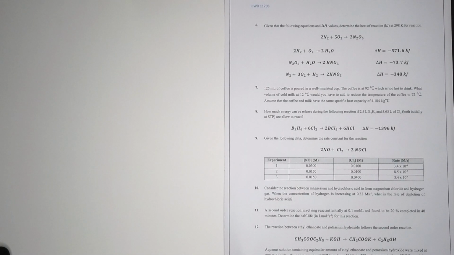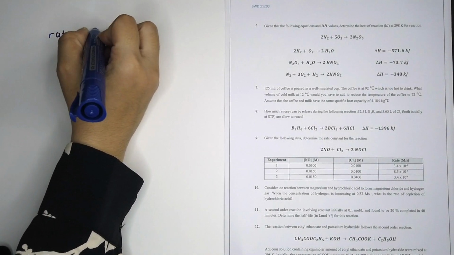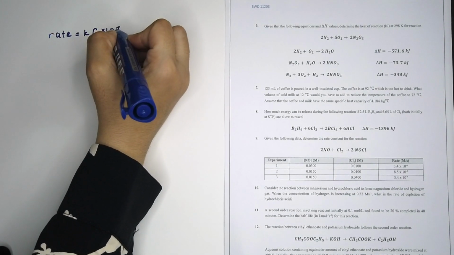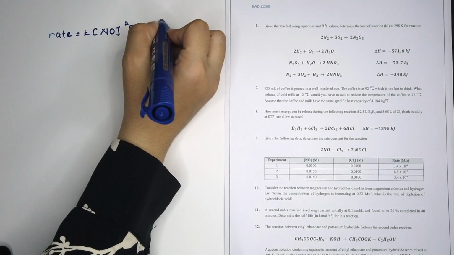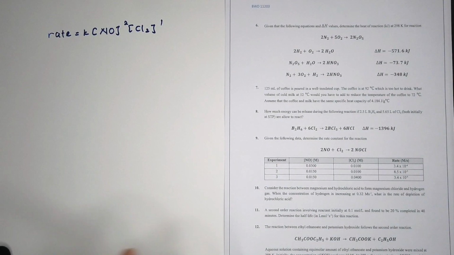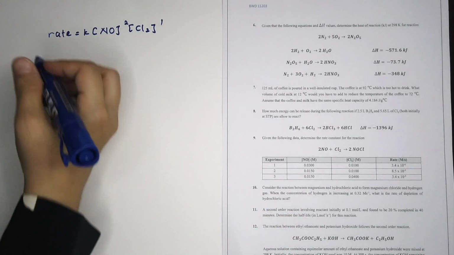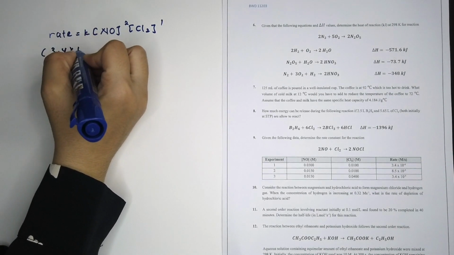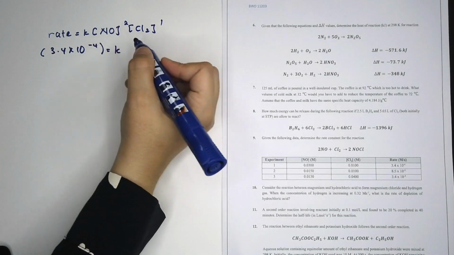As an example, I shall use experiment number 3. We already know that the rate is equivalent to k times NO to the power of 2 and Cl2 to the power of 1. So we just need to use the values from experiment number 3. The rate in experiment number 3 is 3.4 times 10 to the power of negative 4. k is the one that you want to calculate.